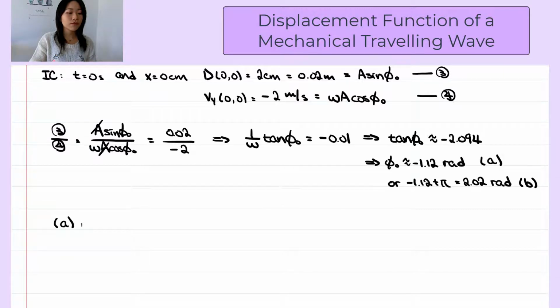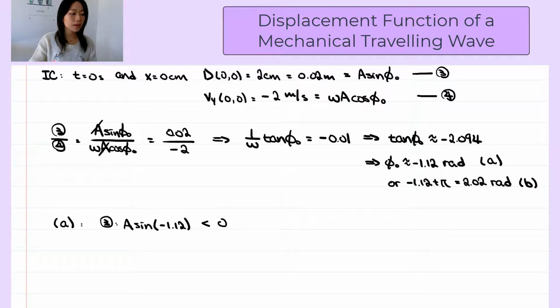If we substitute phi naught equals -1.12 into our equation 3, we get amplitude times sine of -1.12. And since amplitude is a positive quantity, the sine of -1.12 is negative, so this result would be negative.